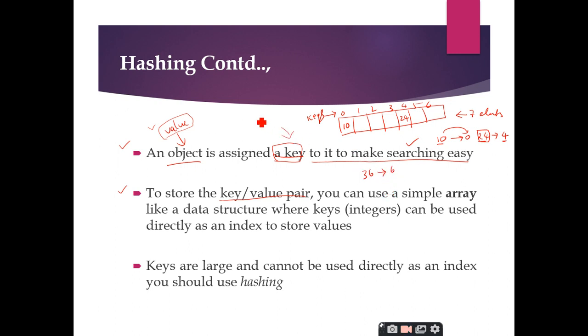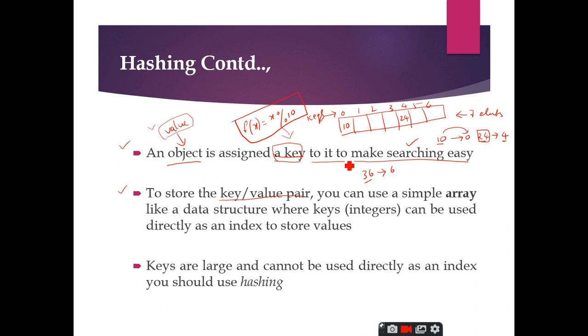Let me take the function. I didn't explain these hash functions yet, that's why I am not going into detail. Let us take the hash function as f(x) = x mod 10, where x is the value you are going to insert.